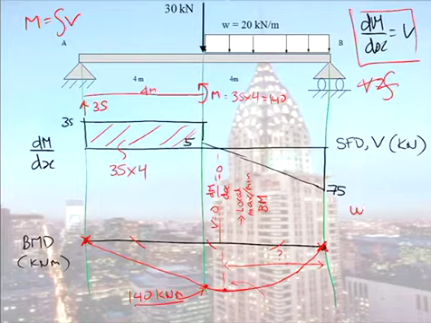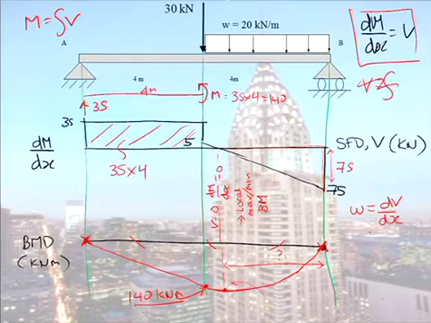Because we know w is equal to dV/dx. So if I look at this triangle here, it has a height here of 75. This distance here I'll define as x. And this line here is sloping at 20 kilonewtons per metre.